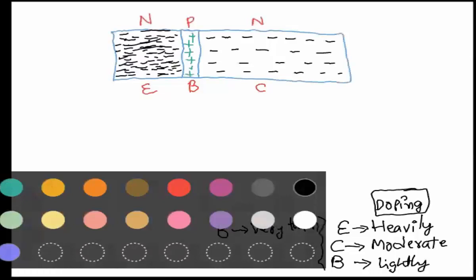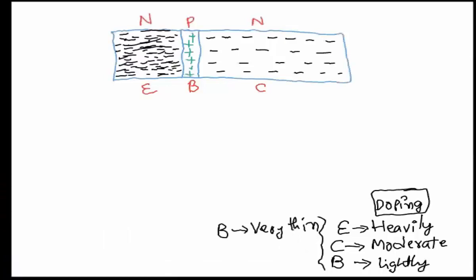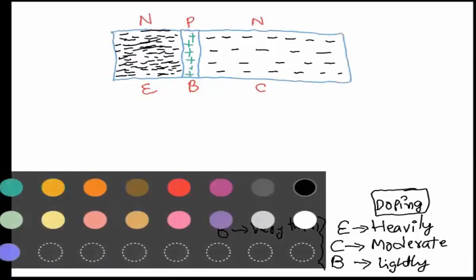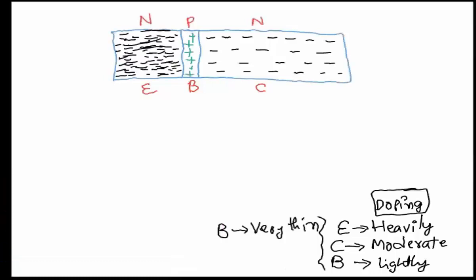I'm not doing anything yet. So the junction will be a little bit wider on either side. Let's say something like that. Correct? The same thing happens on this side of the PN junction as well.